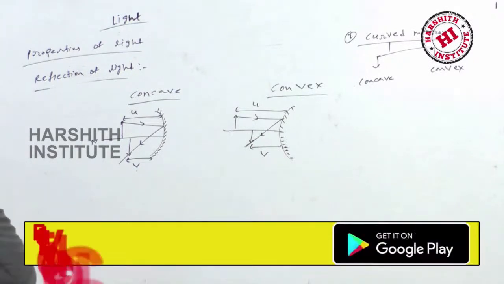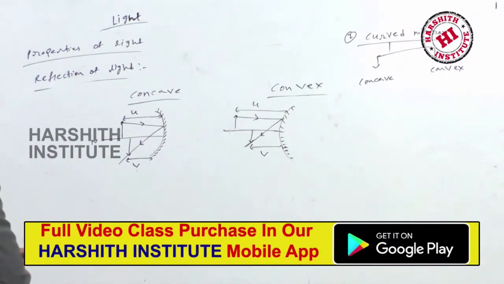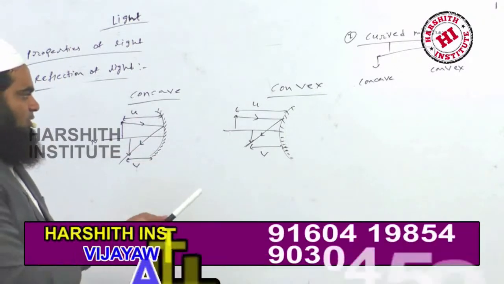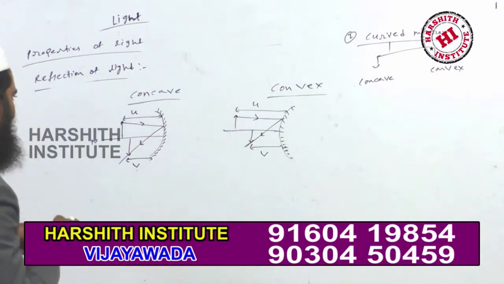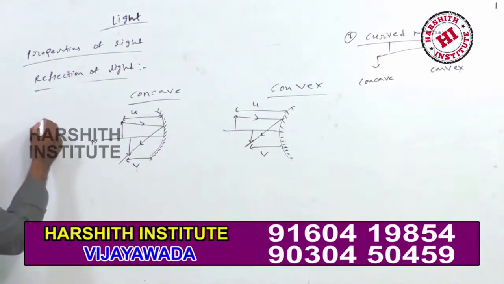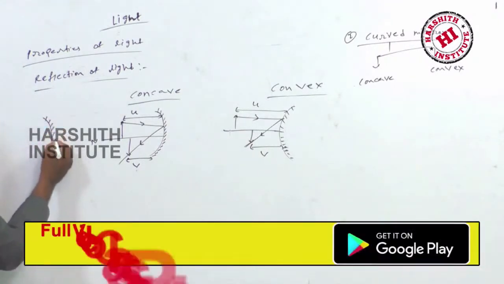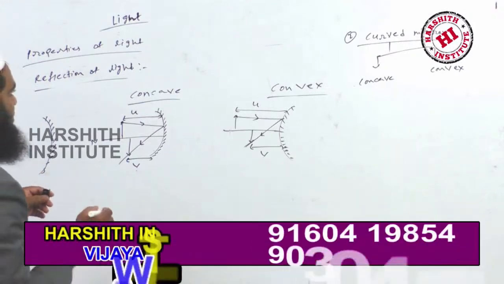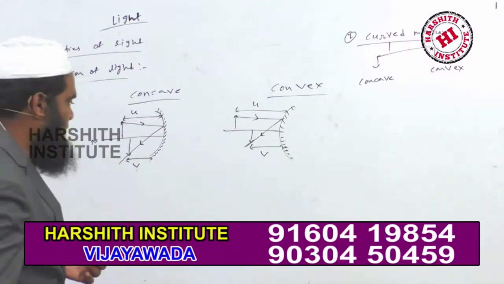Now, the concave mirror generally takes the shape of this, and the convex mirror is this type. Here we can see the other picture.